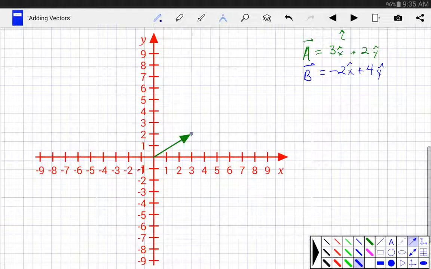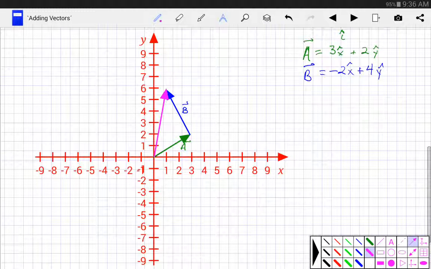So, just like before, I start at the end of the first one, then I go back 2 because it was minus 2, and I need to go up 4. And so there I've plotted B. So we have the vector B here, we have the vector A here, and the resultant is the answer that I get when I put those together. So the resultant is going to be the vector that starts here and ends there.